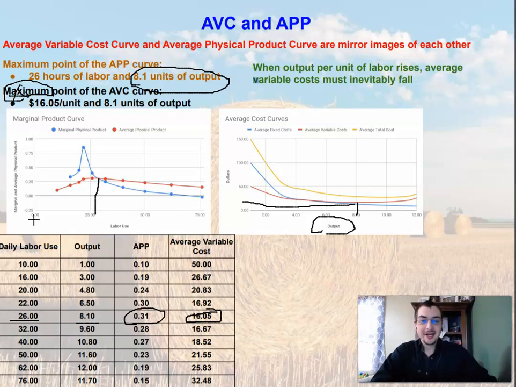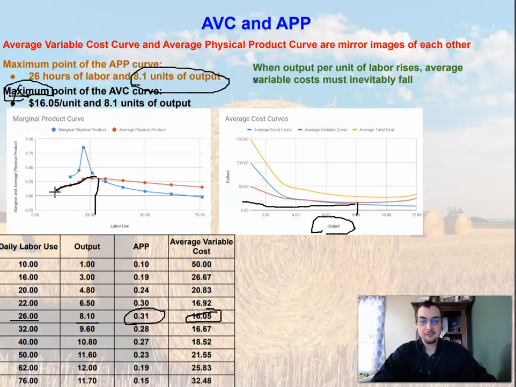The reason it's important is that this shows us output per unit of labor. Remember, our average variable cost is equal to the total variable cost divided by output, and our total variable cost is the number of inputs times the price per input.